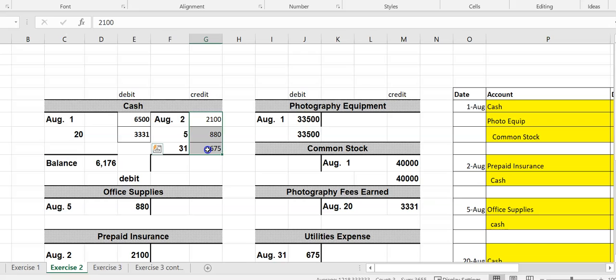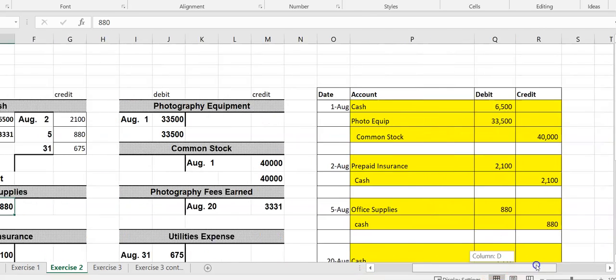I add these together, I'll come up with a smaller number. So I take this, subtract these numbers from it, and come up with a balance. You'll do that for all of these. 33,500, there's nothing to subtract, so its balance is 33,500. Same thing with common stock. There's nothing over here to subtract from it. So that's 40,000. So you get a balance for all of these.